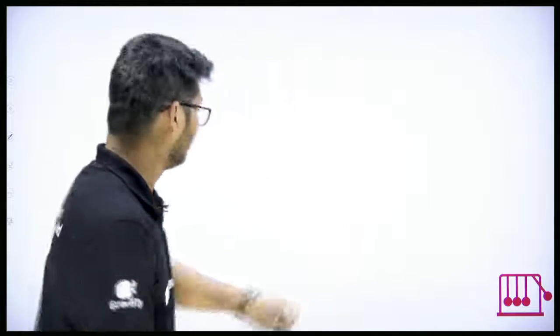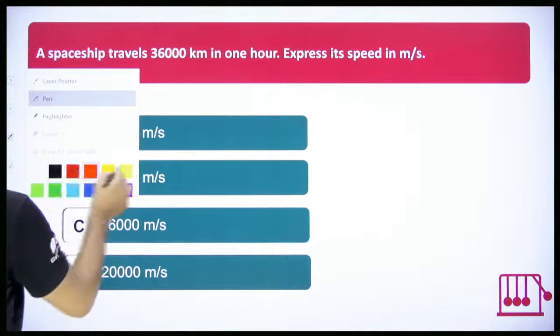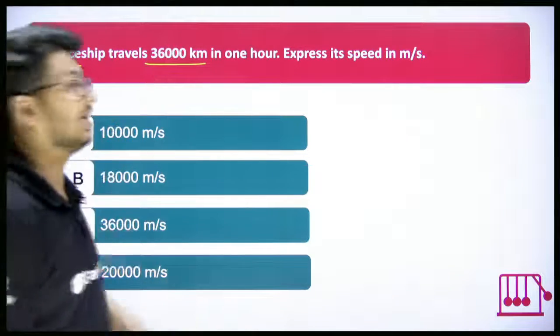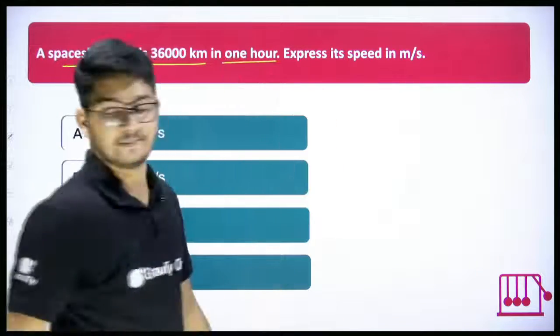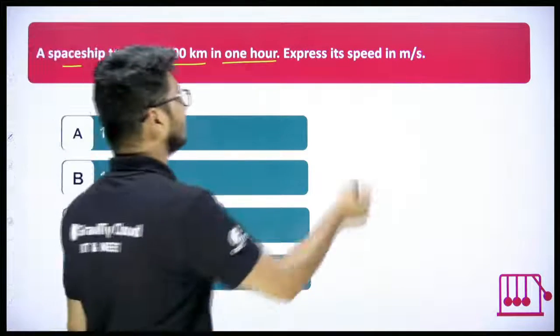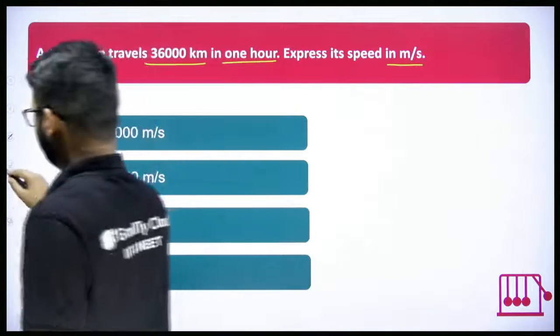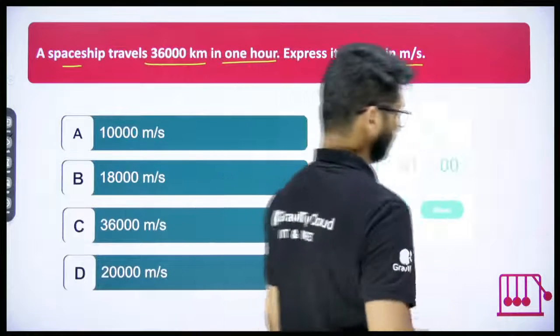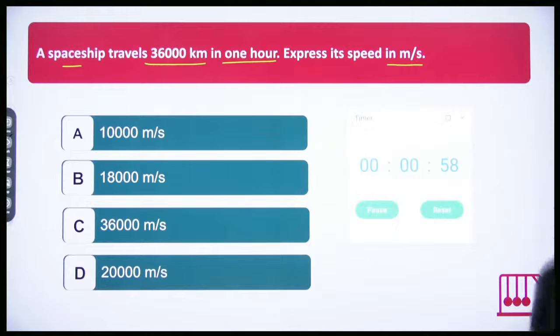Clear? Good. Next question. A spaceship travels 36,000 kilometers in 1 hour. Express its speed in meter per second. I'll give you 1 minute of time. Solve it, everyone.